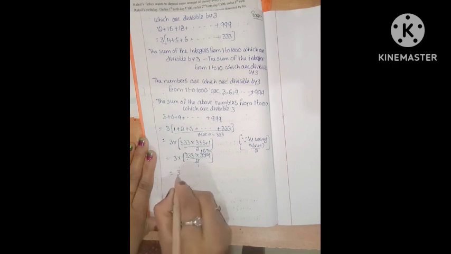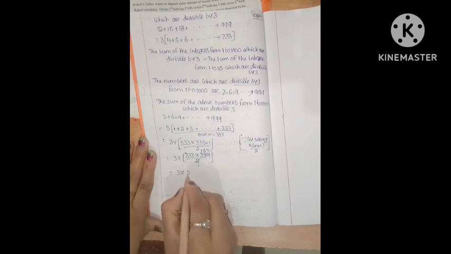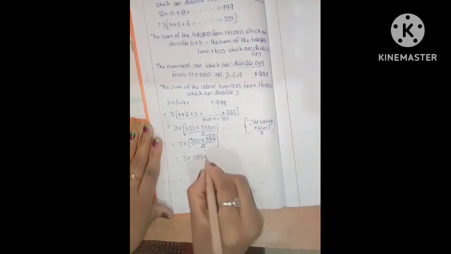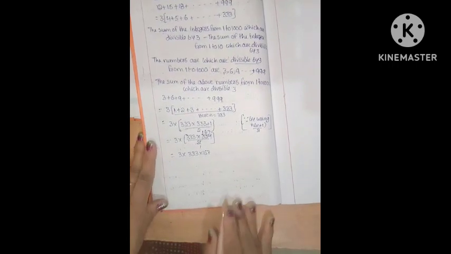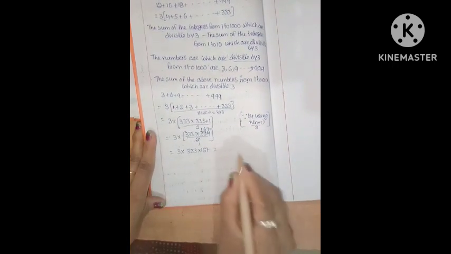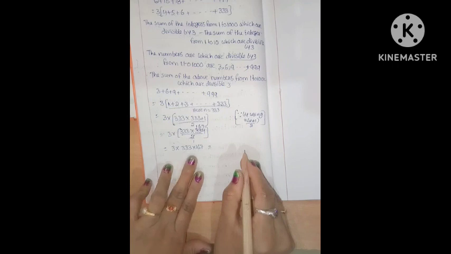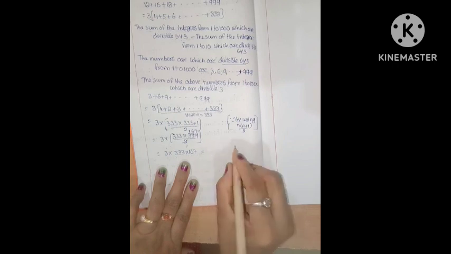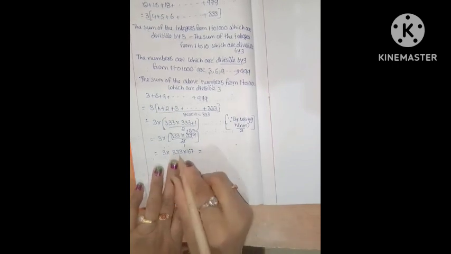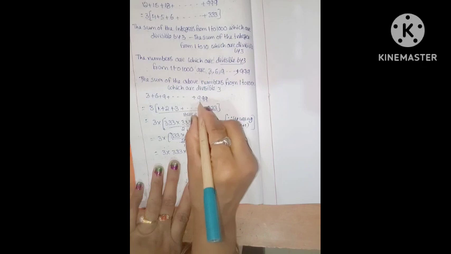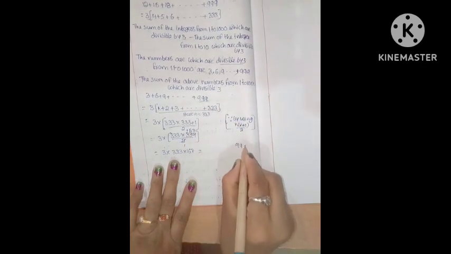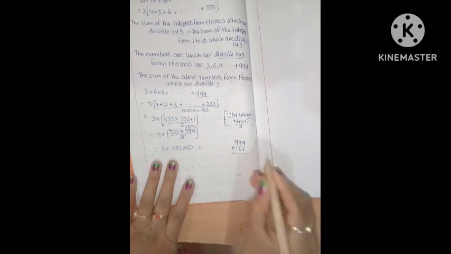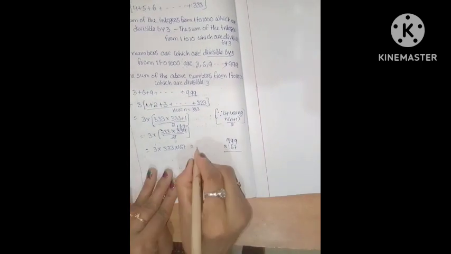Removing the brackets, 3 into 333 into 167. What is the product of all these terms? 333 we already know, 3 into 333 is 999, into 167. Product of these two terms.